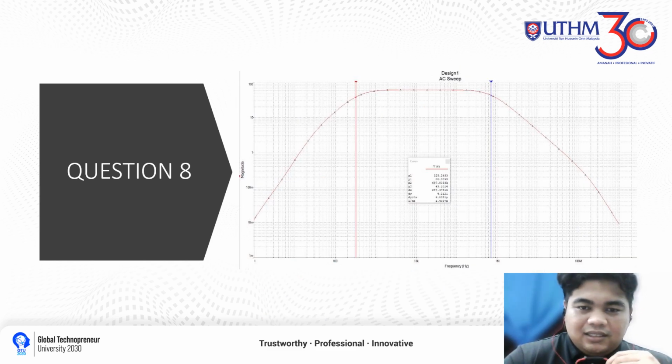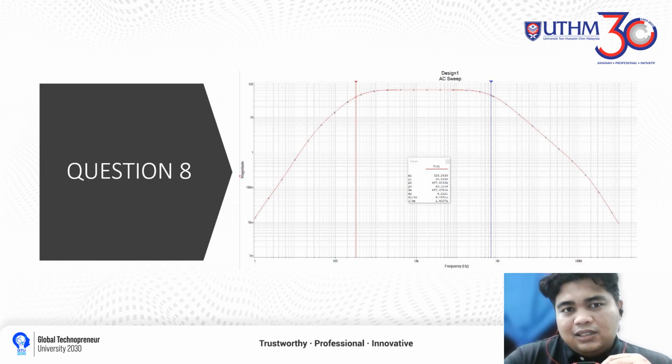And this is the bandwidth calculation using the bandwidth from simulation. We took the blue. The blue is for the x axis, and at the high frequency it is FH, and FL is the red line, and for the bandwidth, we know the formula is FH minus FL.